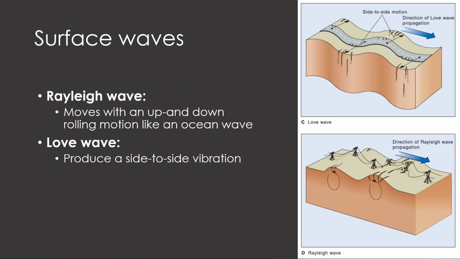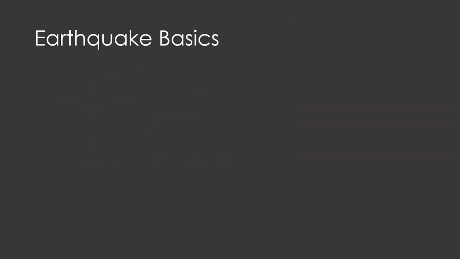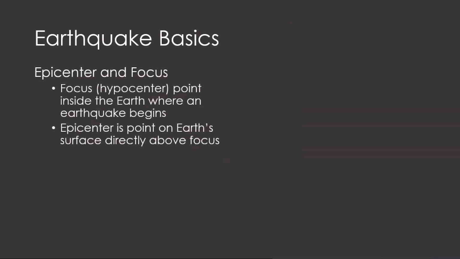Now, to move ahead with some other basics about earthquakes. As I said, there is a location, a point below the surface of the Earth, where the rock breaks and the earthquake originates.